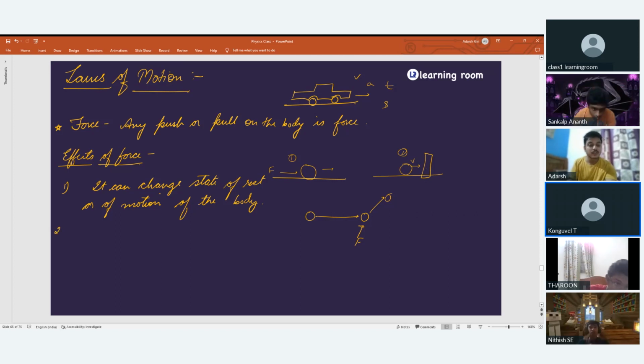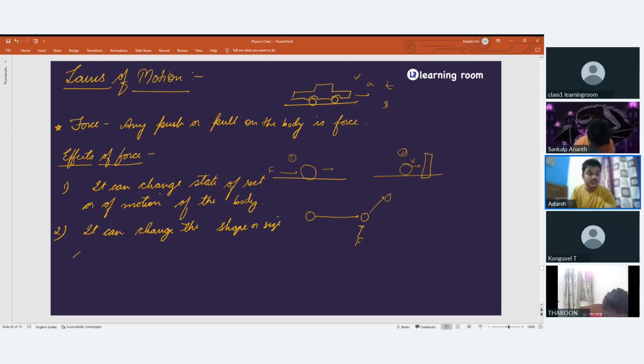Second, it can change the shape or size of the body.